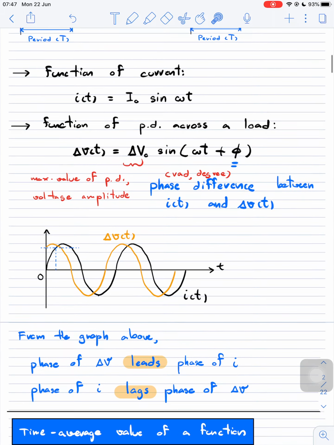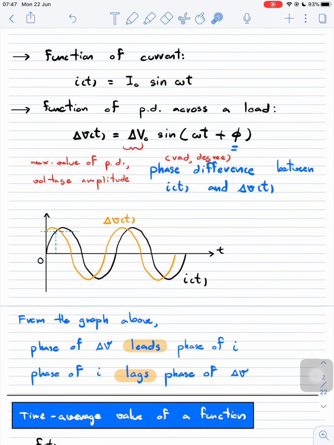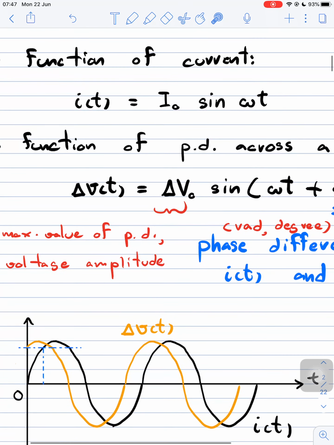One thing that I want to mention before we go to the next topic. Let's consider these two functions here. When we talk about the amplitude of the current or the amplitude of the voltage, I use the capital letter, capital I and capital V for the amplitude.